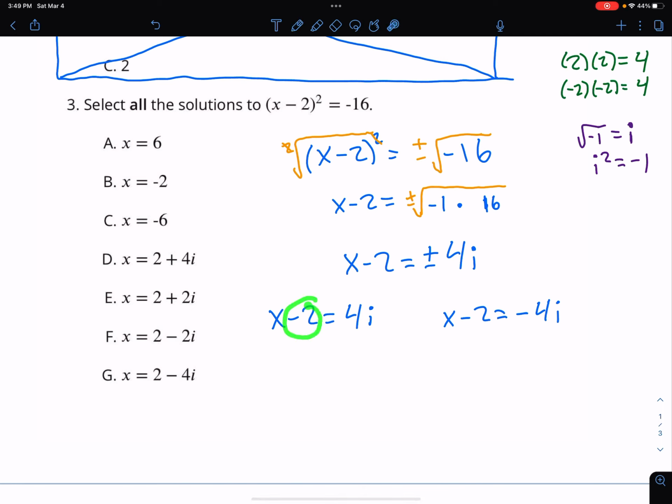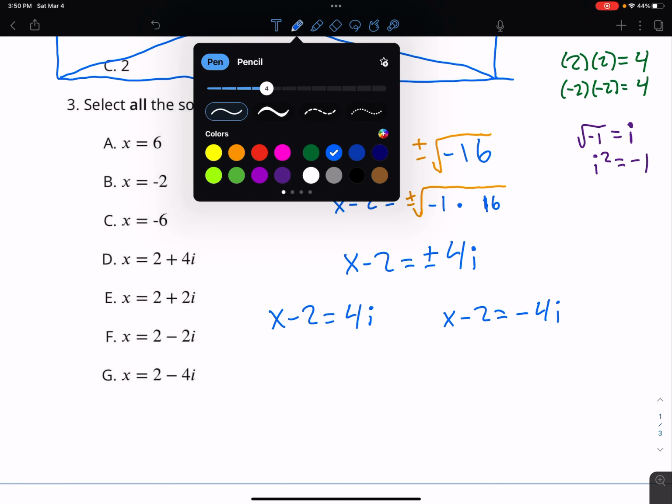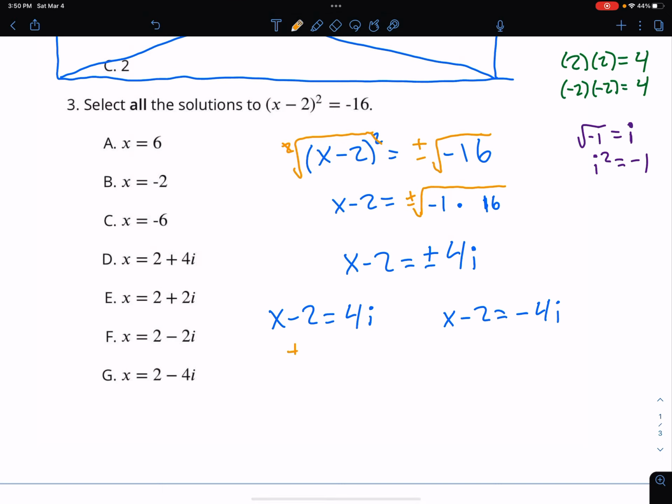I've got negative 2 here. To get rid of that, I'm going to have to add 2 to both sides. So I'm going to add 2 to cancel out that negative 2, and then I'll have x by itself. If I do something to one side, I always have to do it to the other. We've got the same thing going on over here in our second solution.